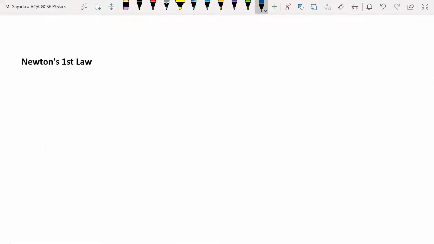So we're now going to formalize this by writing down what Newton's first law is. So Newton's first law, in words, says the following.